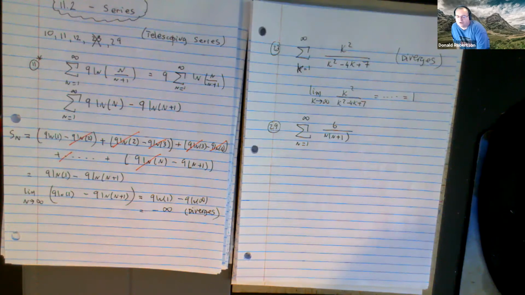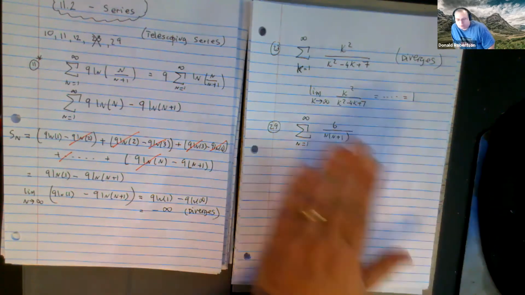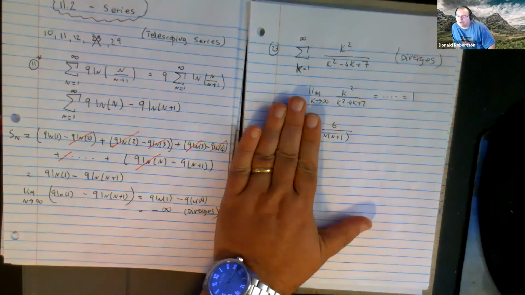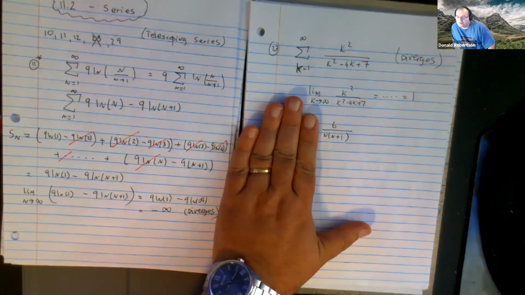That's a single fraction. And somewhere in your Calc 2 career, you found how to do a thing called partial fractions. Can you remember partial fractions? You used it in integration to allow you to integrate fractions that look like that.